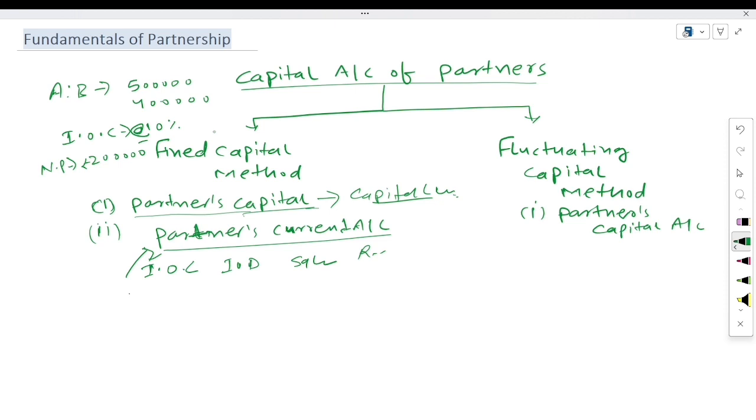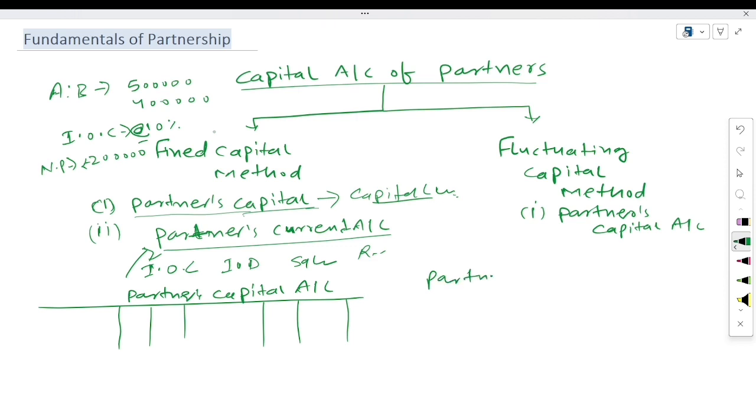First ledger will be partners' capital account here, and second ledger will be partners' current account. Two ledgers will be created here.